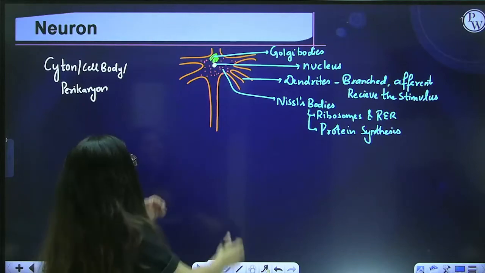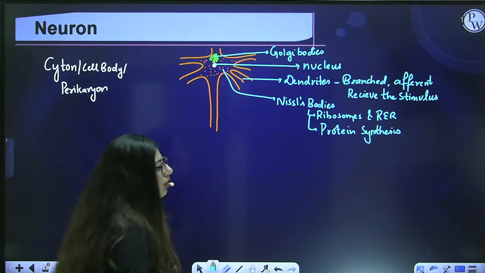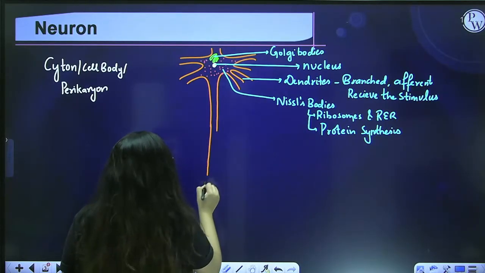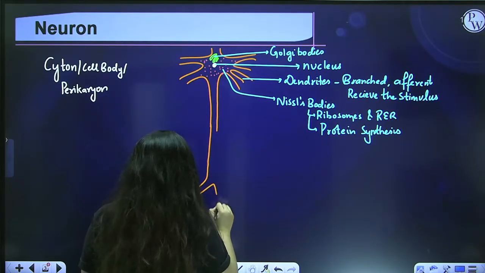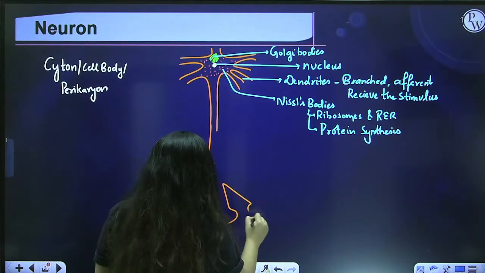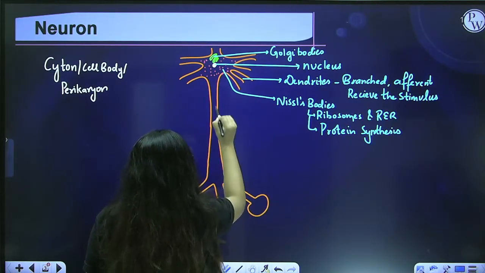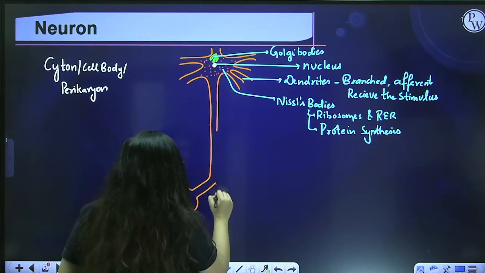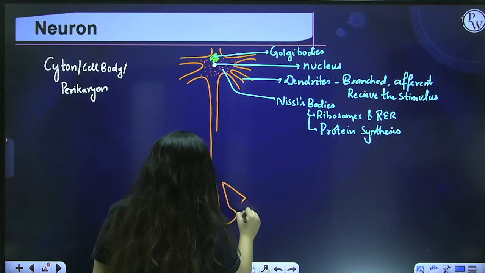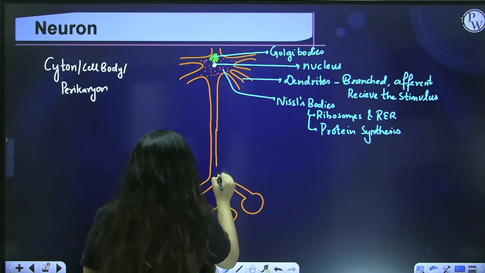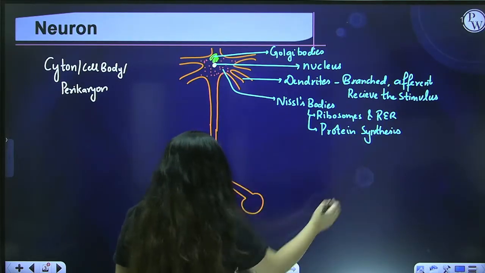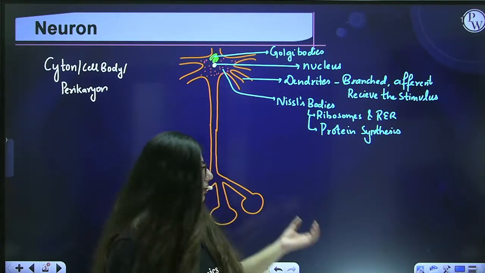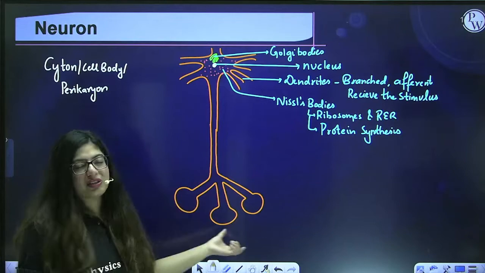Okay. Now comes this portion, which is your axon. This axon ends here with the formation of small bulb or swelling-like structures. You call them axonal ends. These swelling-like structures are known as end bulbs, and the entire portion is the axonal ends.